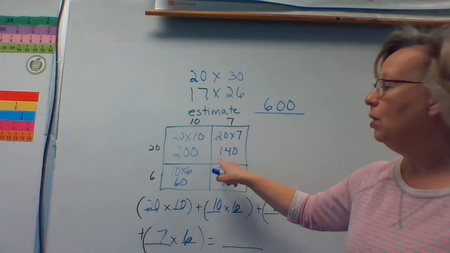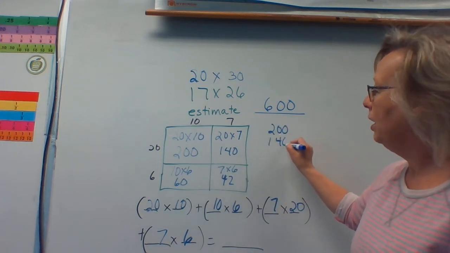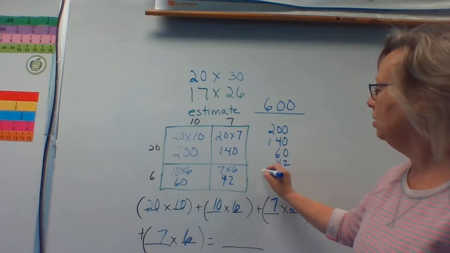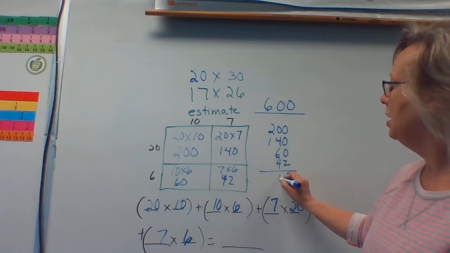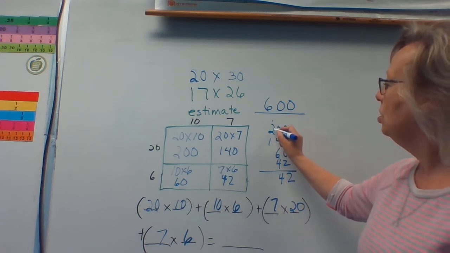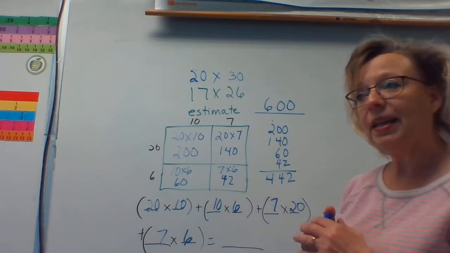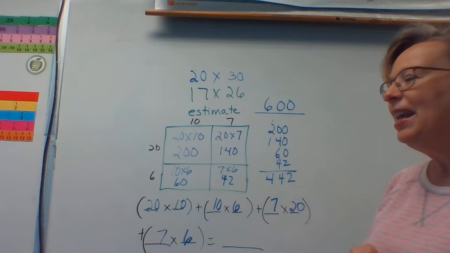If I add 200 plus 140 plus 60 plus 42, my answer is 446. Now is 446 close to 600?